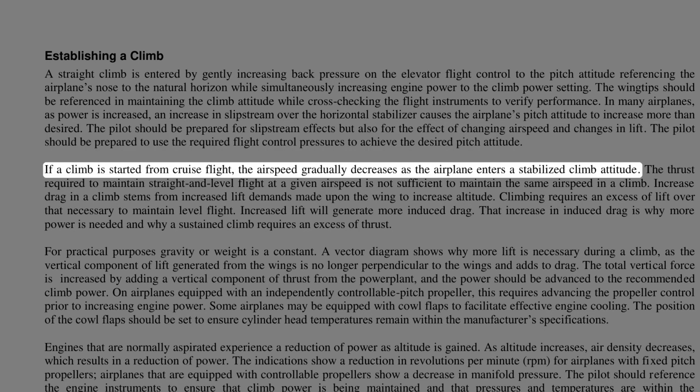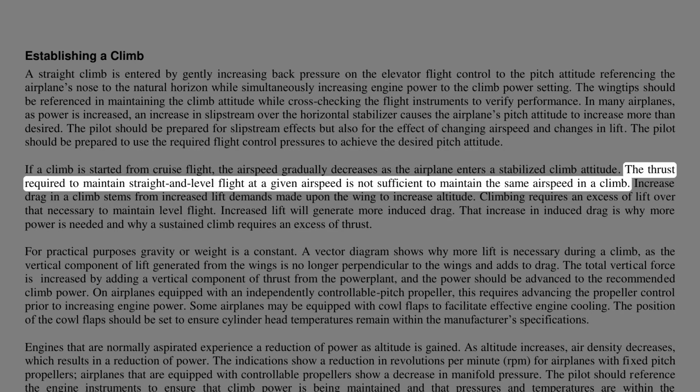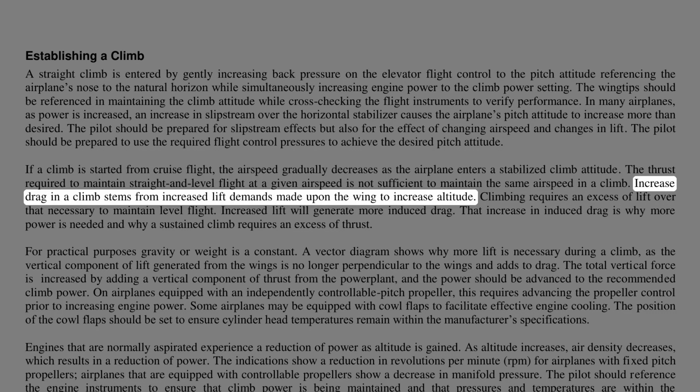If a climb is started from cruise flight, the airspeed gradually decreases as the airplane enters a stabilized climb attitude. The thrust required to maintain straight and level flight at a given airspeed is not sufficient to maintain the same airspeed in a climb. Increased drag in a climb stems from increased lift demands made upon the wing to increase altitude.